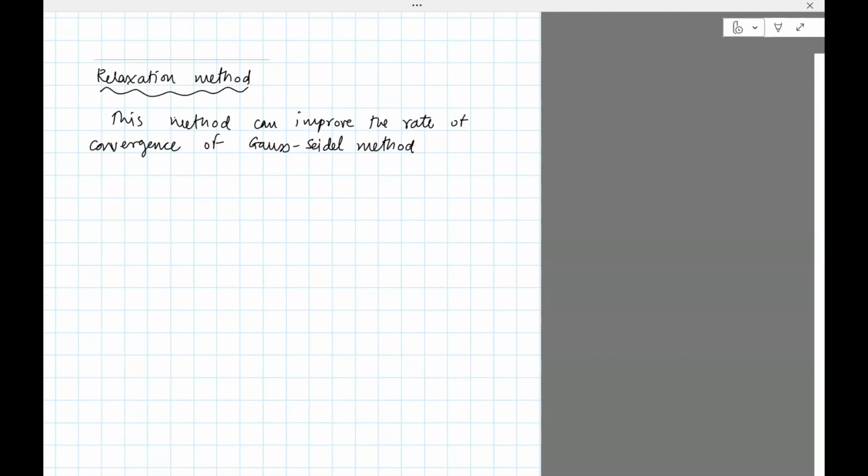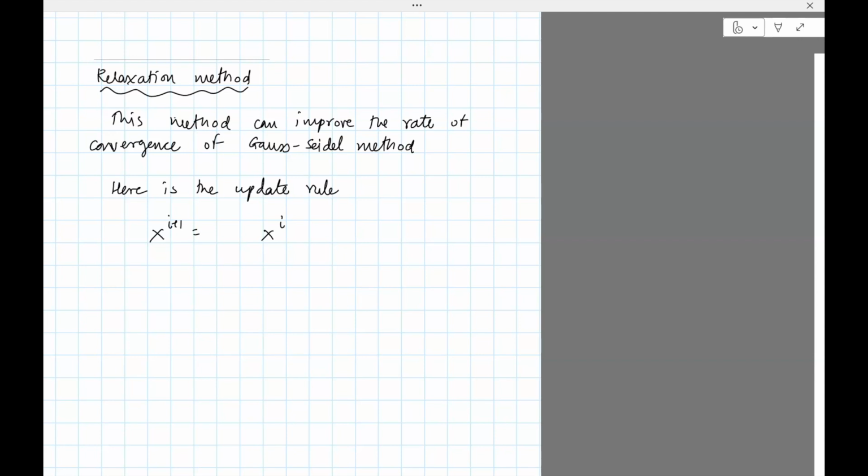Remember the difference between Jacobi and Gauss-Seidel is only in the way the update is done. You use the new estimate to make the update. Here, there's another modification to the update, and this update basically makes it faster. For a new iteration i plus 1, if you use the previous iteration, that would be your Jacobi method.